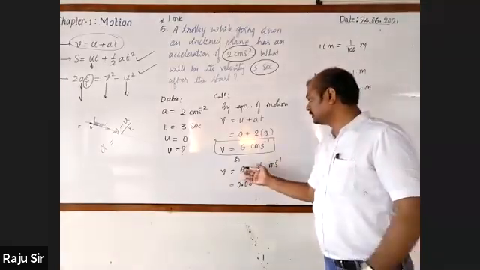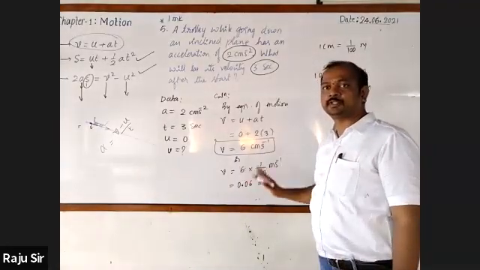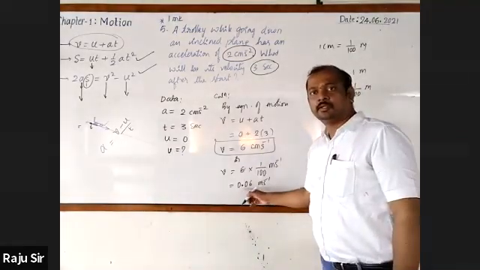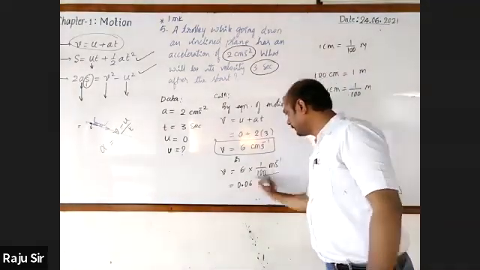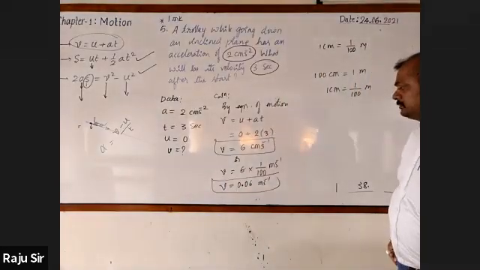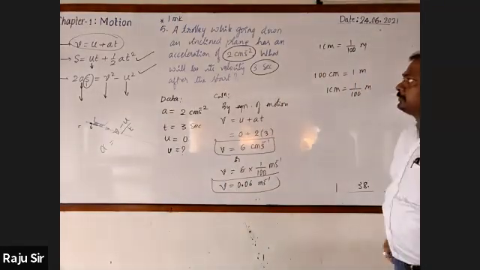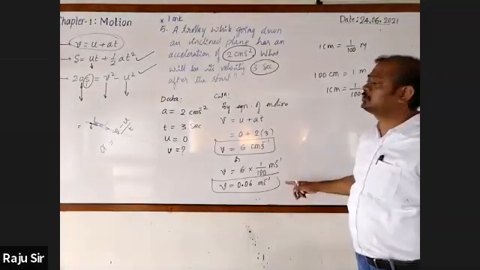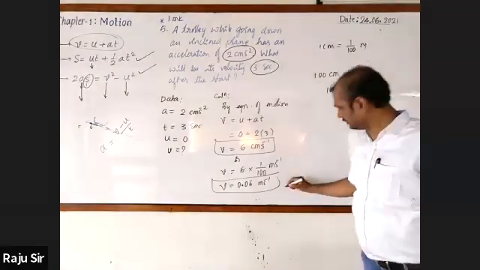If you write it in fraction, it is 3 by 50. Let it be in meter per second in decimal. v is equal to 0.06 meter per second. This is the velocity of the trolley after 3 seconds.